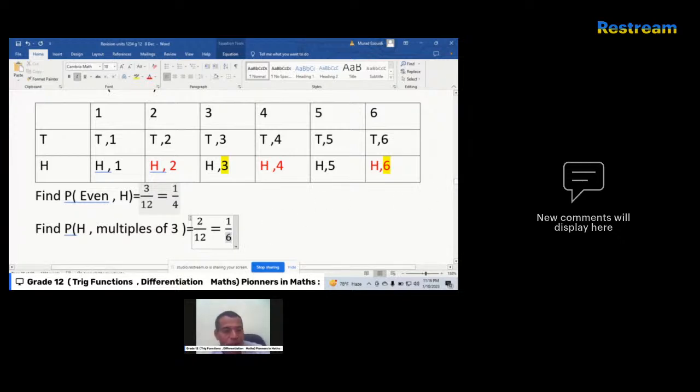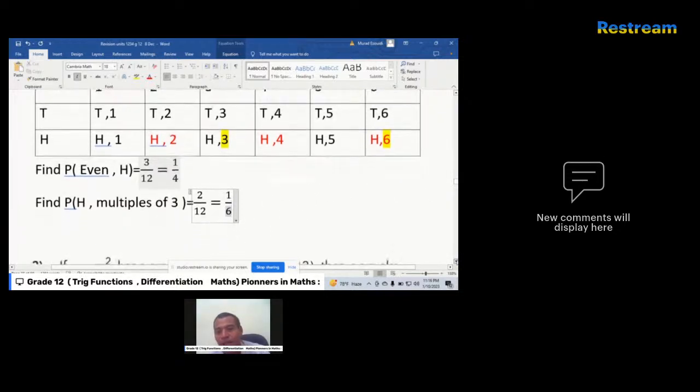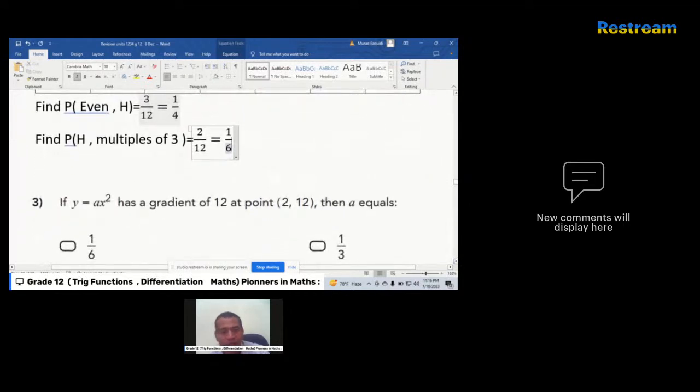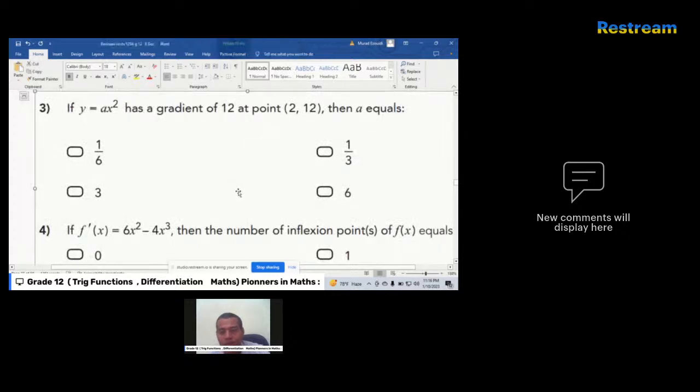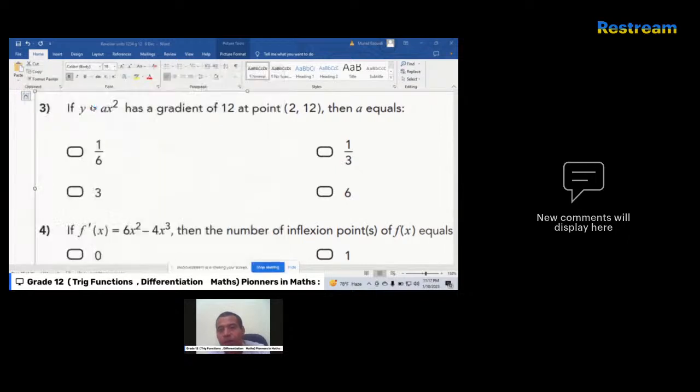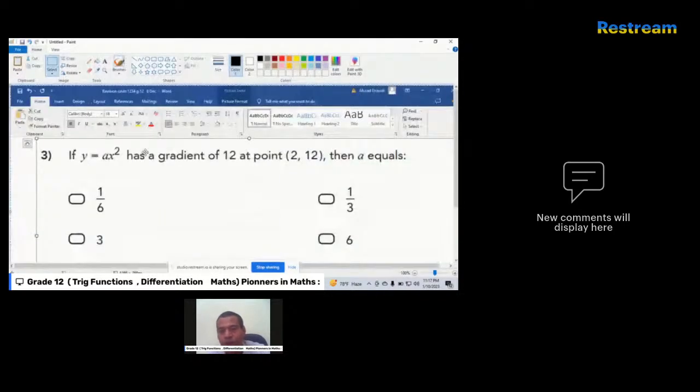Now we move to the next question, learners. If, let's say, the question is that, if I will go back like that. Now, learners, I will cut this if it is possible. I will go to Paint.